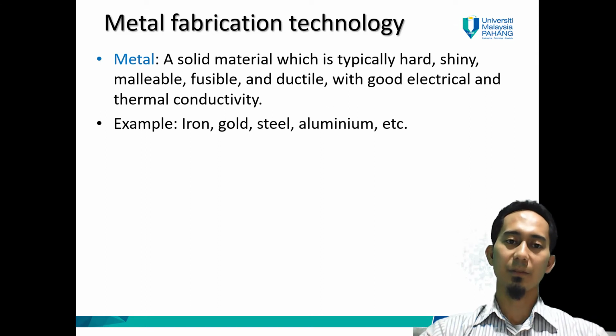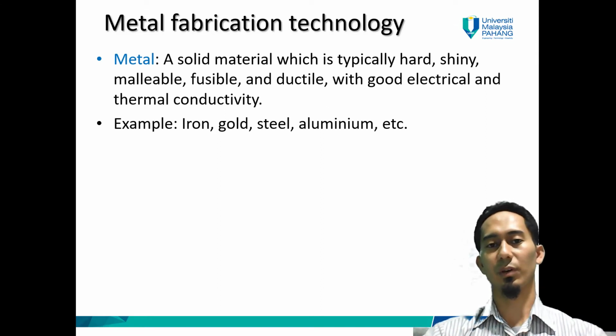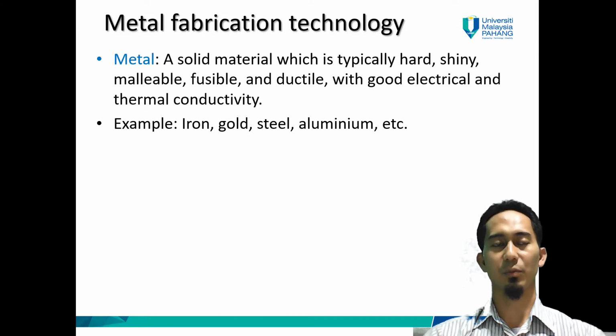There are several examples of metals. Generally, we can group them into two. One is pure metals and the other is alloyed metals. So for example, in pure aluminum, you're only having aluminum as the element inside. So aluminum would be around 99.9%.